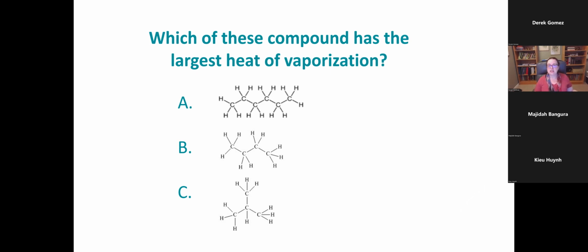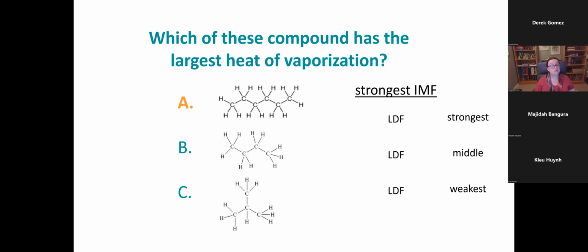If we want a large heat of vaporization, we want the largest forces. These all only have London dispersion, so we look for the one with the biggest size. That top one was the bigger size. Of those other two, B would have the next strongest forces, so the next largest heat of vaporization, and then C would be the smallest.